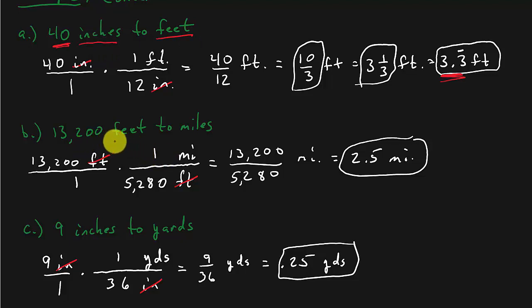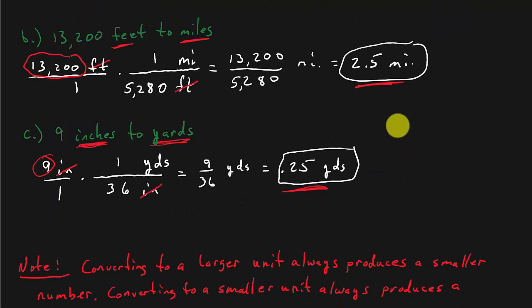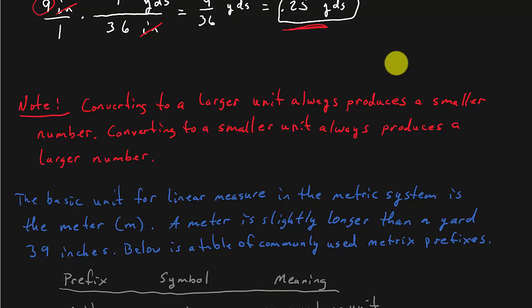We're going from a smaller unit to a larger unit. And then we did the same thing here, a smaller unit to a larger unit. And you notice the number we started with, in the end result, they were smaller. You see that? That's what that's talking about. Now see, if we were going to go from feet to inches, then we would get a bigger number than what we started with. And that's what they're talking about there in that note.